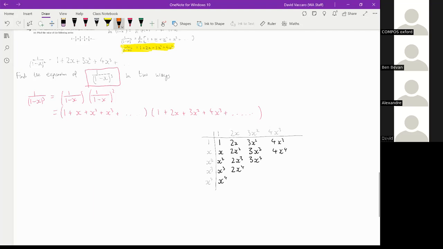And then if we gather terms of the same type, we've got a units term, which is 1. We've then got 2 terms involving x: we've got 1x and 2x.